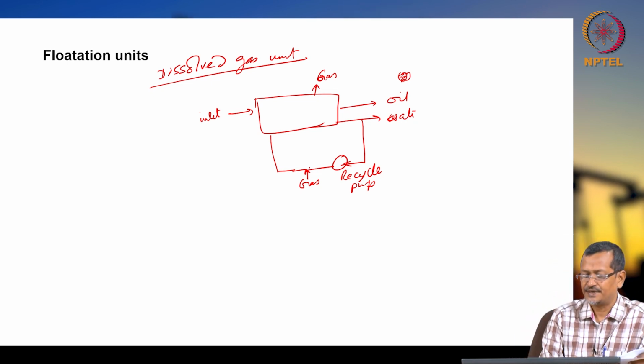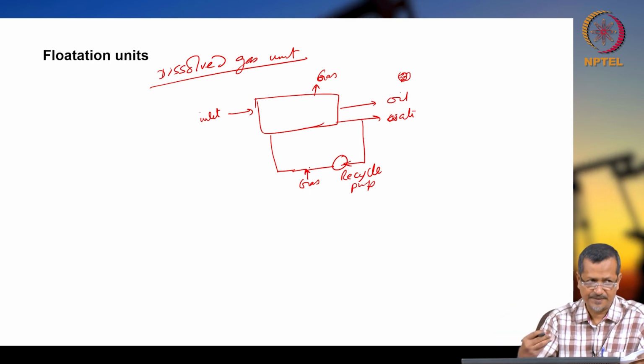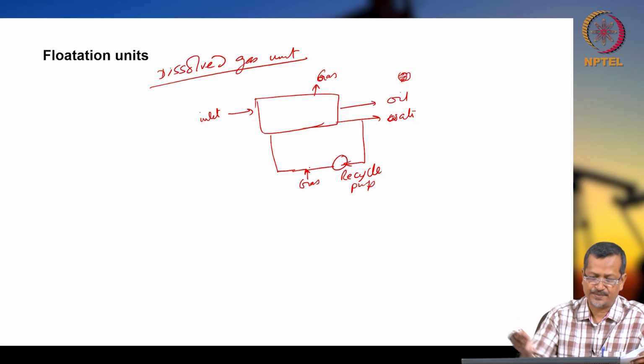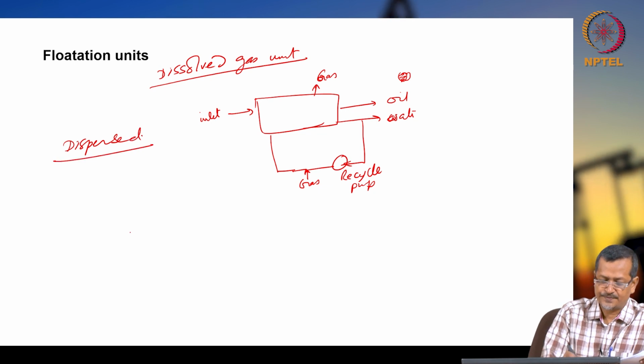In the dissolved gas unit, you give gas through an inlet pipe, mixing and dissolving. In the dispersed gas unit, what is happening?